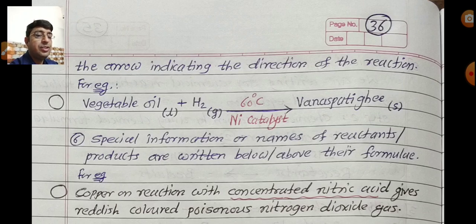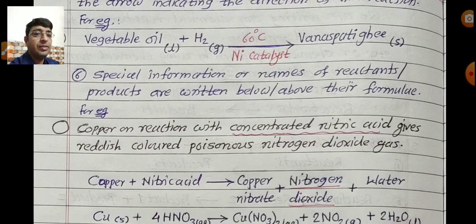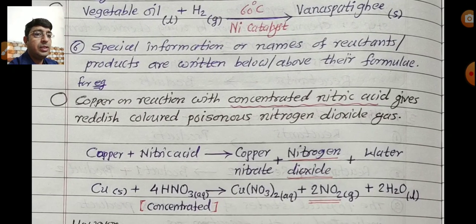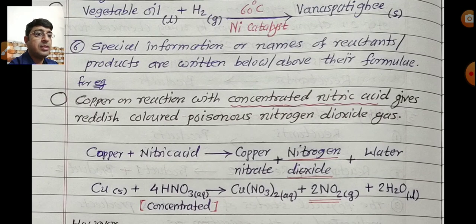Next point, special information or names of reactants or products are written below or above their formulae. For example, copper on a reaction with concentrated nitric acid gives a reddish colored poisonous nitrogen dioxide gas.